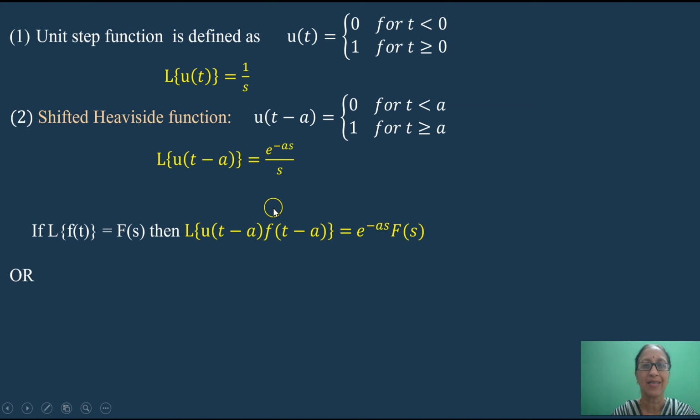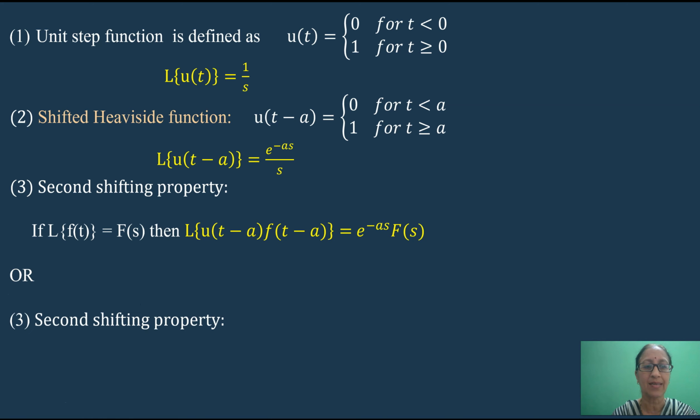Then we discussed the second shifting property. If L of f of t equals F of s, then the Laplace transform of u of t minus a into f of t minus a equals e power minus as F of s.